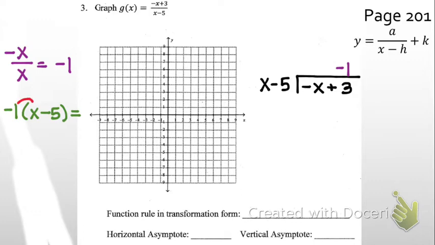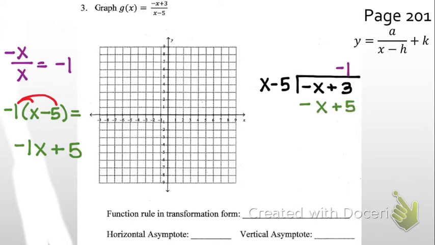So go ahead and distribute that. And that's going to give you a negative 1x plus 5. So negative x plus 5.